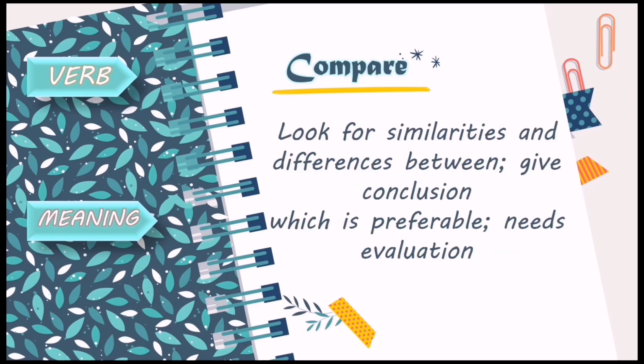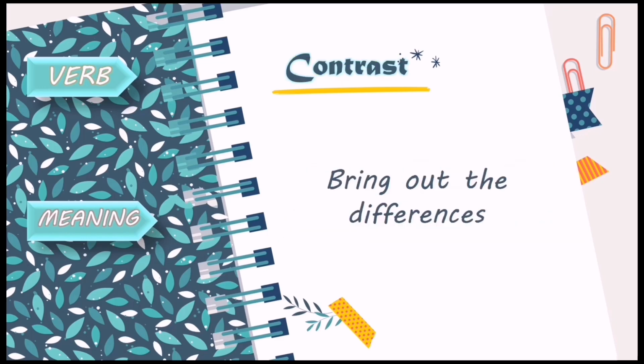Next is compare. When we say compare, it looks for similarities and differences between. Give conclusion, which is preferable, needs evaluation. So if you're going to compare two objects, you are going to look for their similarities and differences. Next is contrast.